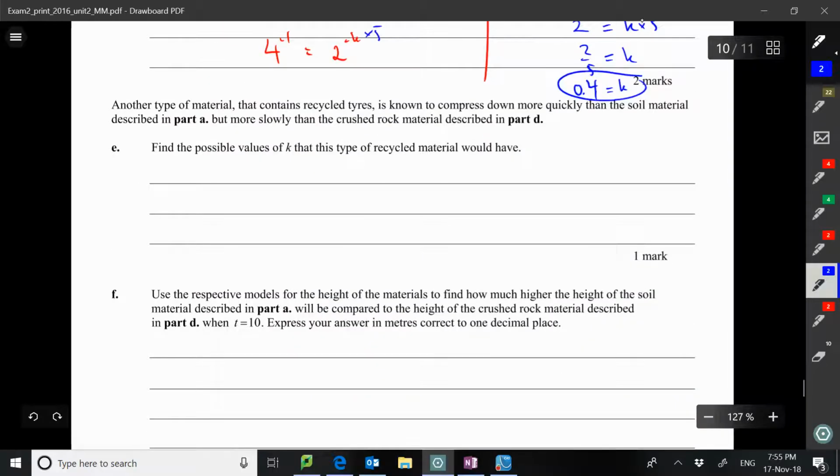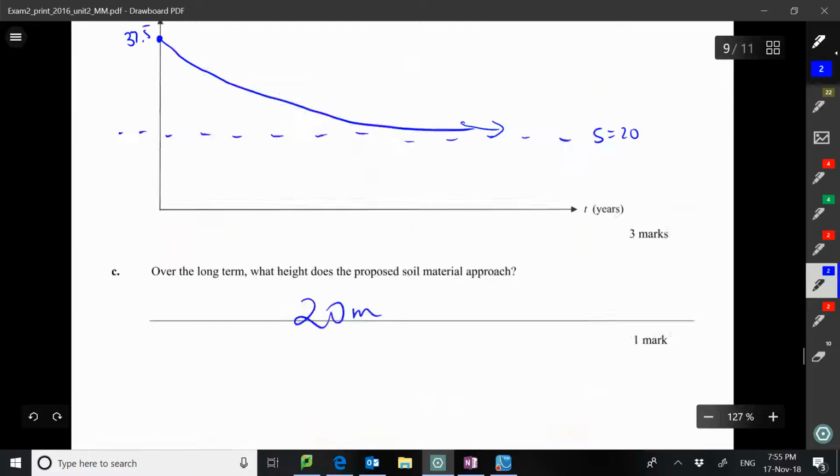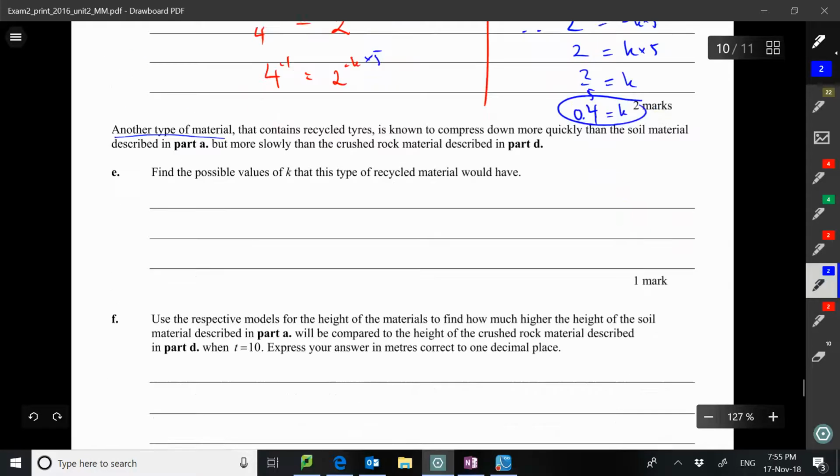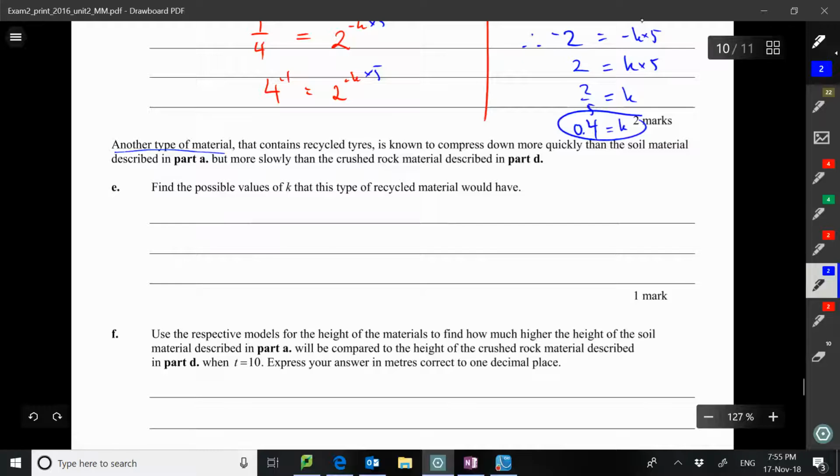But now it tells you that another type of material, we don't know what it's called, so it's not crushed rock, and neither was it whatever this one was, it was soil. So it's not soil and it's not crushed rock, but it is known that it compresses down more quickly than the soil material, but more slowly than the crushed rock. So crushed rock was 0.4.